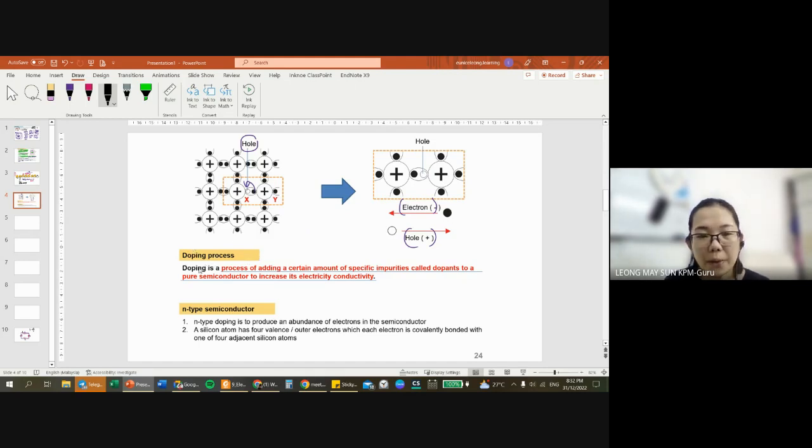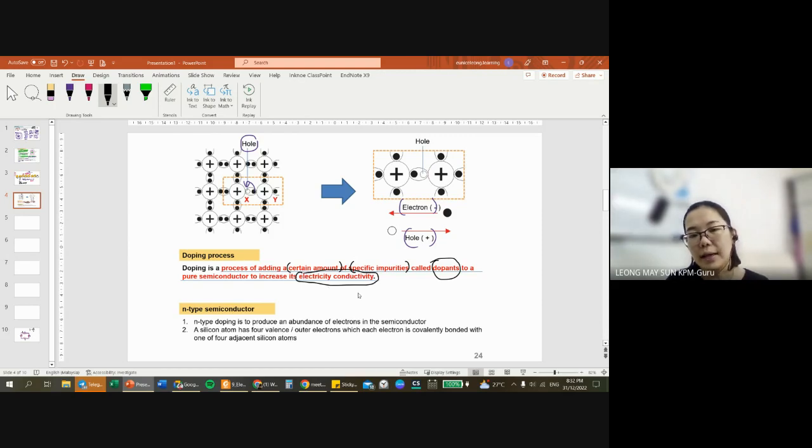Now, doping is a process of adding a certain amount of specific impurities, which means instead of a pure semiconductor in the structure, they add other materials, other chemical elements inside. We're not talking about liquid stuff; chemical doesn't mean it's only liquid. A certain amount of impurities called the dopant is added to a pure semiconductor to increase its electrical conductivity.